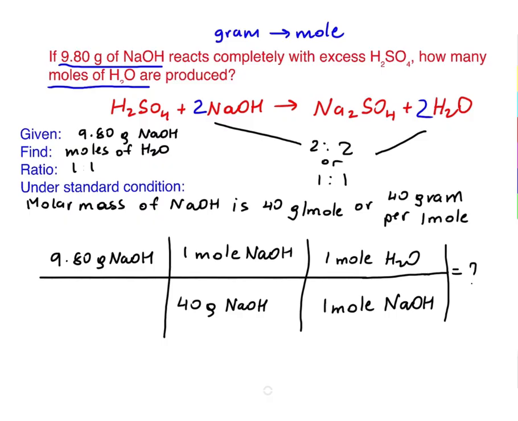NaOH especially needs to cancel. Before solving the problem, you need to make sure you cancel out. So gram of NaOH, mole of NaOH, mole of NaOH, they're all gone. And then the final answer will be what's left, which is mole of H2O.